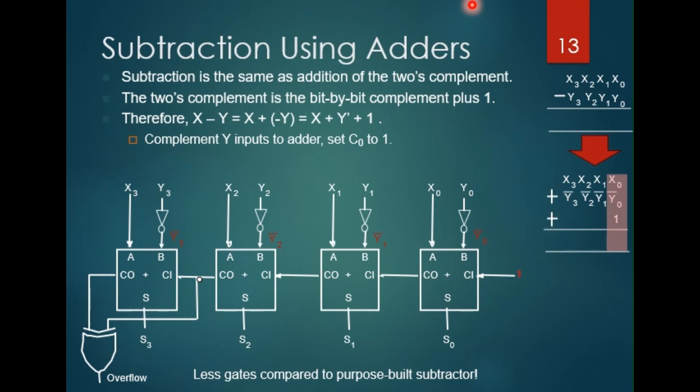There are two reasons why we use the adder as a base circuit to be modified into subtractor. One reason is this kind of subtractor will have fewer gates compared to the subtractor that you purposely built based on its truth table. Okay, that is the first reason, fewer gates.